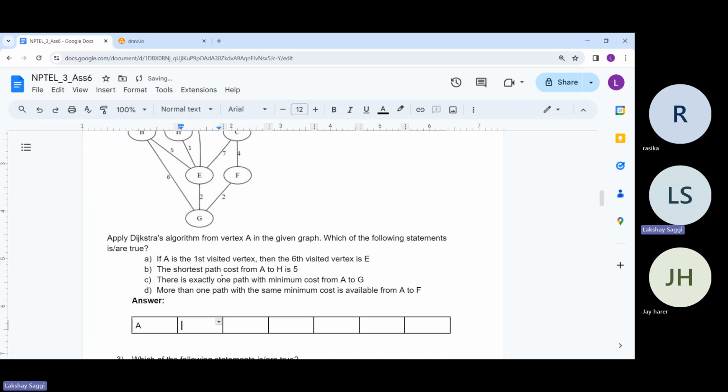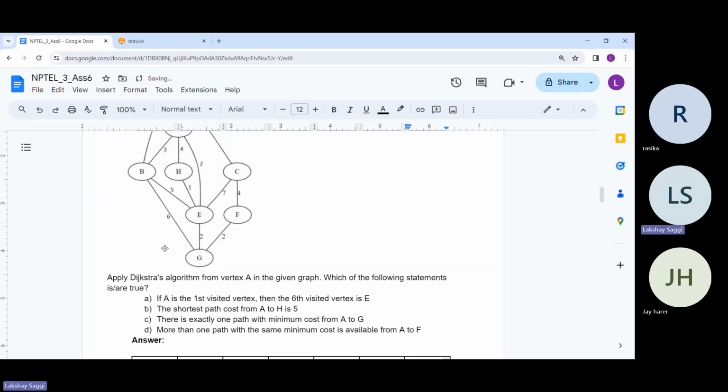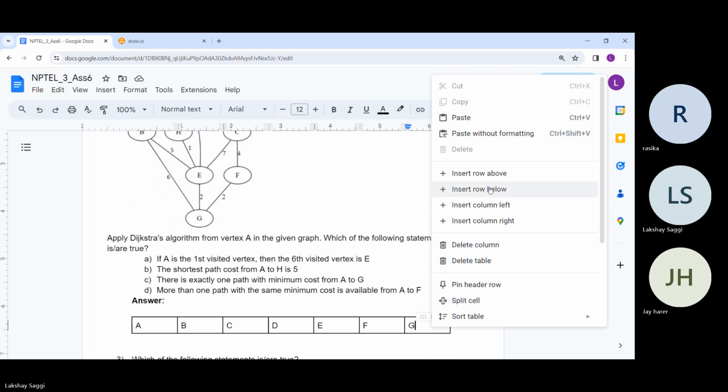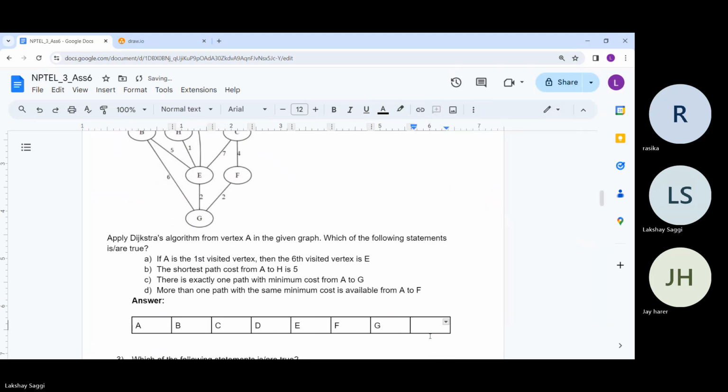So this table will have the vertices A, B, C, D, E, F, G and H. Right.